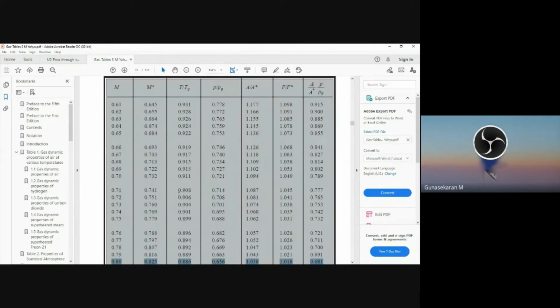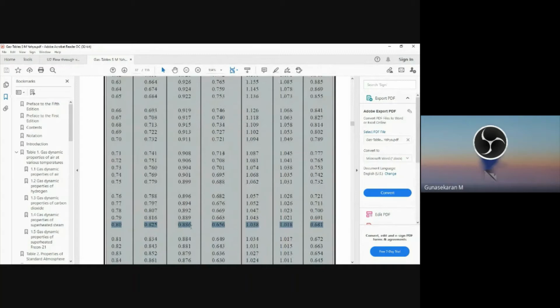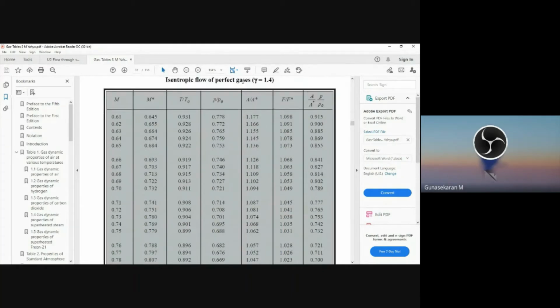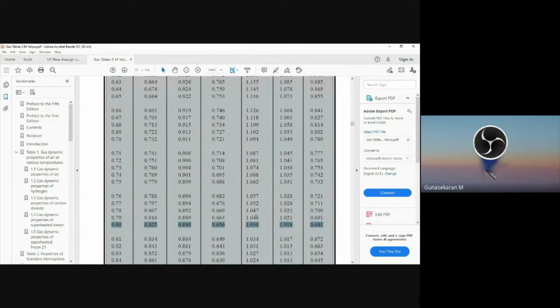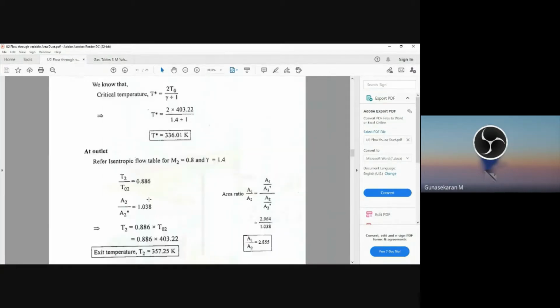T by T star is nothing but 0.886, and A by A star is nothing but 1.038. Bring those values here. So T2 by T02 is 0.886, and A2 by A2 star is 1.038.